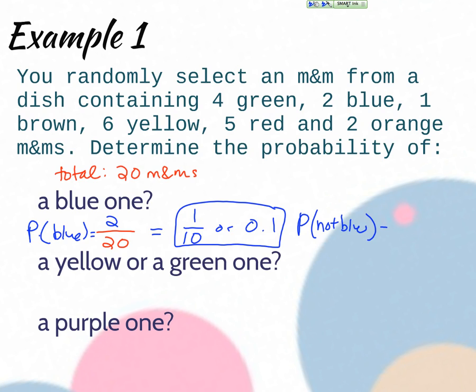So that would be 18 over 20, which would be 9/10 or 0.9. So this is the complement. Does that make sense? Does that kind of make that clear? The complement is everything else. All the M&Ms that are not blue is the complement to the M&Ms that are blue.